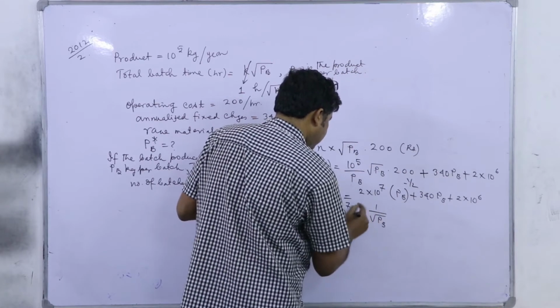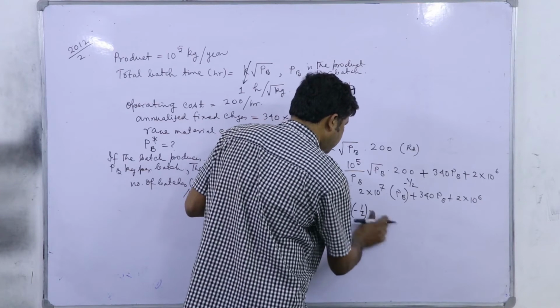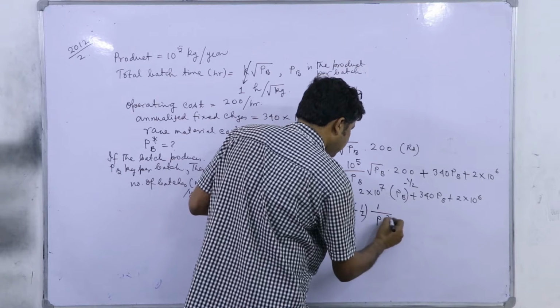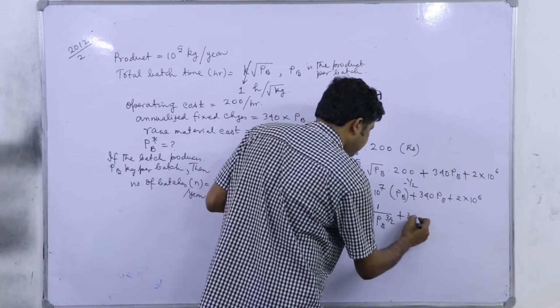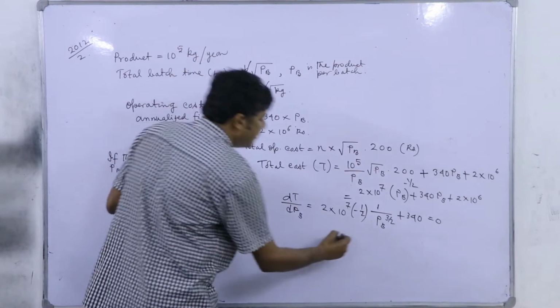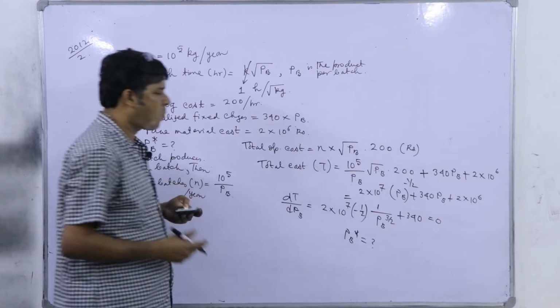So, this will be minus half into 1 divided by PB to the power 3 by 2, plus 340 equal to 0. So, from there we can solve actually for this PB optimum.